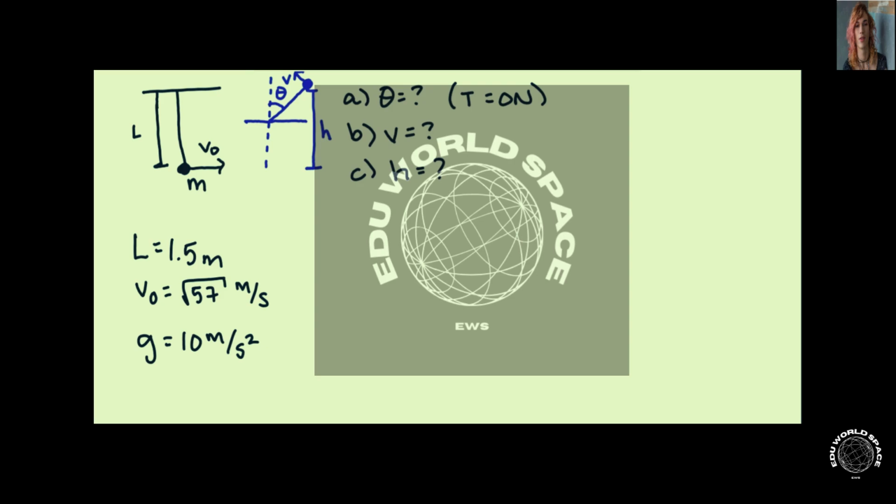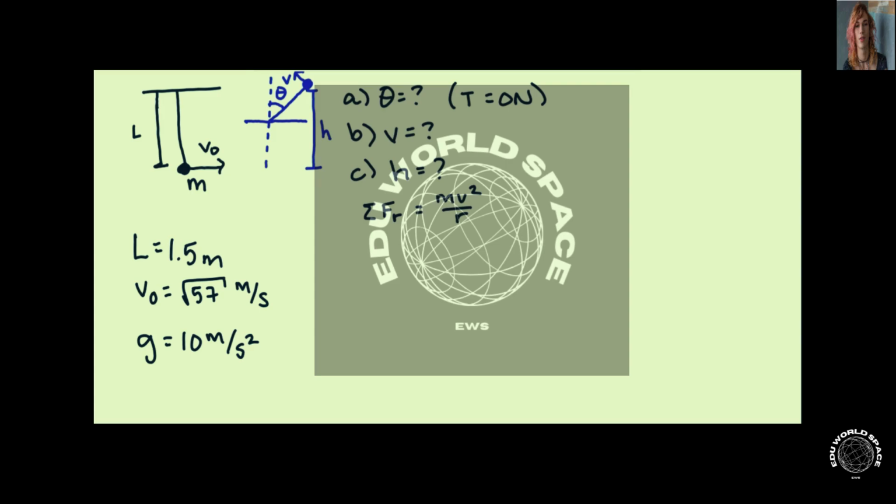So this particle is going around in a circle, and we know that the sum of the forces in the radial direction should be equal to mv squared over r. So I'm actually going to start with this equation in order to figure out what the maximum height is.